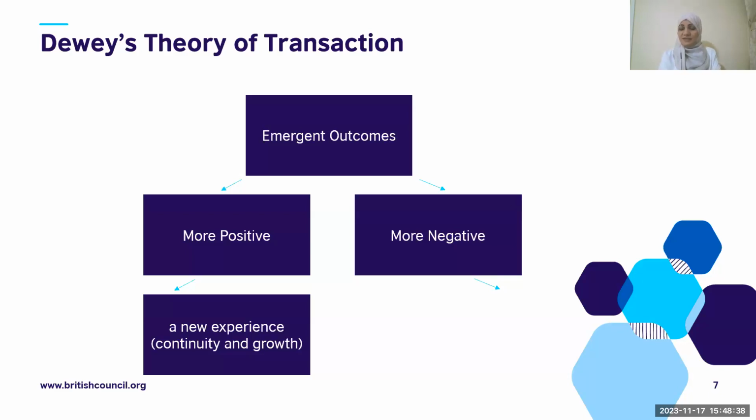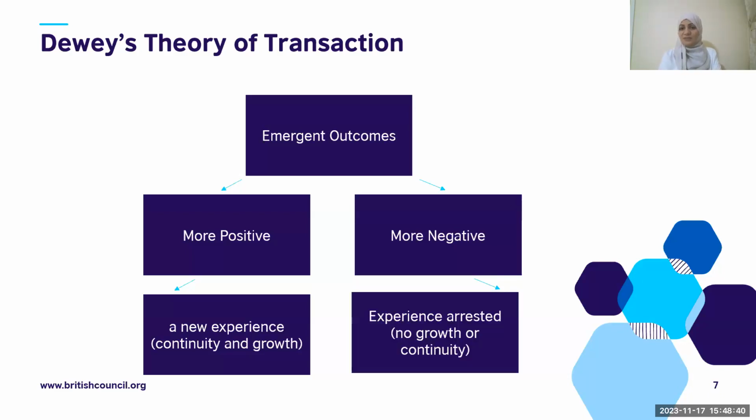But a more negative outcome means that experience is arrested. So at this point, I don't want to do chemistry anymore. There's no growth, there's no continuity. And in this case, of course, this is something that as teachers, we don't want to happen. We always want students to continue to grow and to continue to learn.